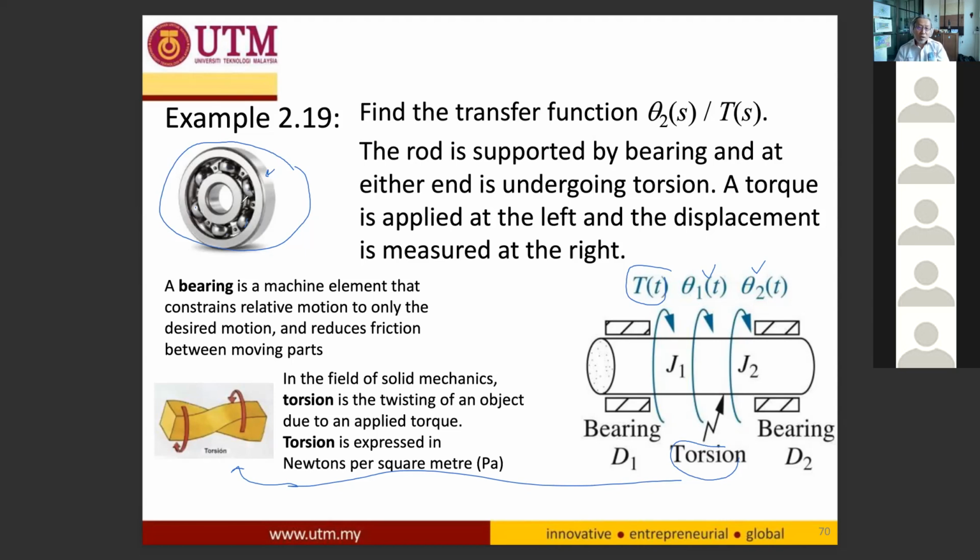This friction can be reduced by using a bearing. So in the field of solid mechanics, torsion always happens. Torsion is the twisting of an object due to the applied torque, and it is expressed in Newton per square meter or Pascal.